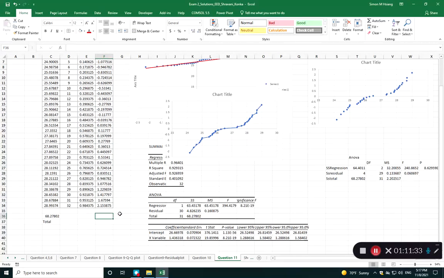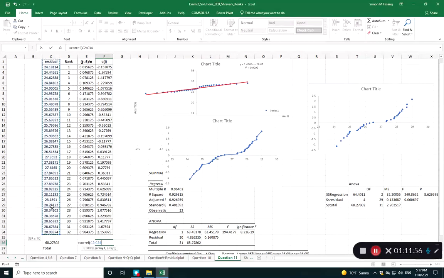So the correlation coefficient should be equal to what? The best, if this is perfectly normal. The correlation between the residual and your Q value should be as close to 1 as possible, right? Agree?